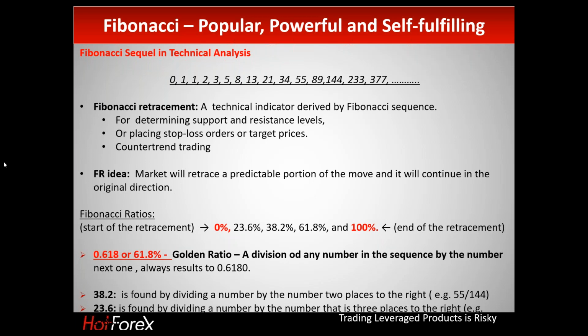Before I demonstrate, I would like to clarify something. Not only this sequence, these numbers, are important in technical analysis. Remember, I mentioned that the Fibonacci sequence goes to infinity, right? So we also have other numbers that are important other than these ones.